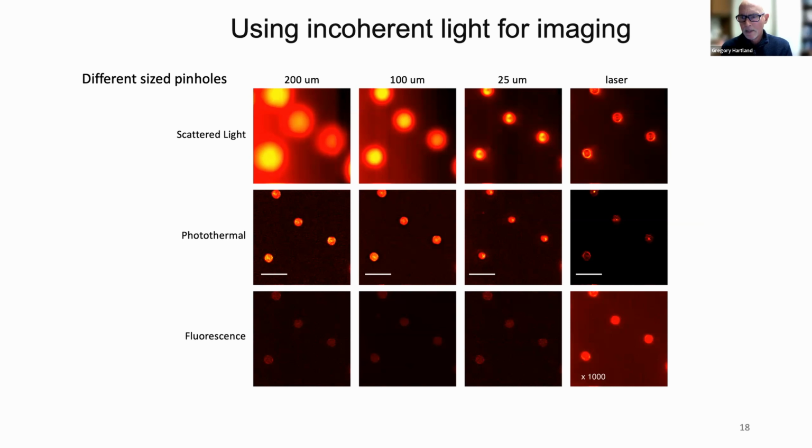Is that what you're asking, the spatial resolution in the photothermal? Here, in the photothermal image, is the spatial resolution similar to what you did with the coherent laser light? Because the image looks smaller, but I don't know the scale, so that's why.